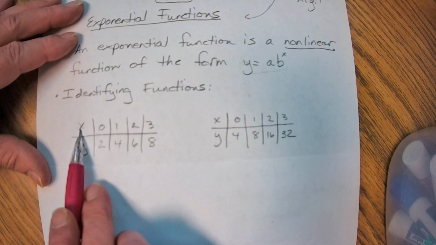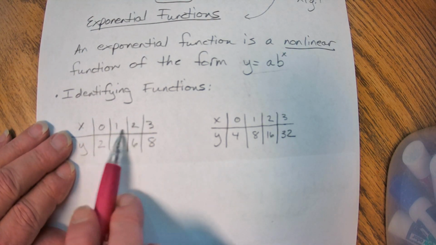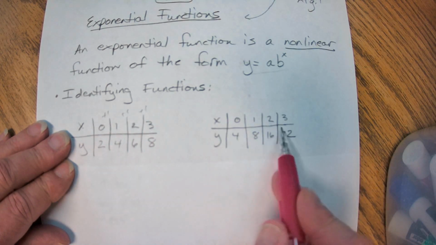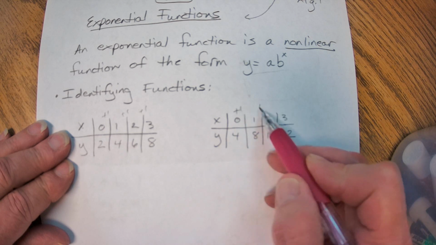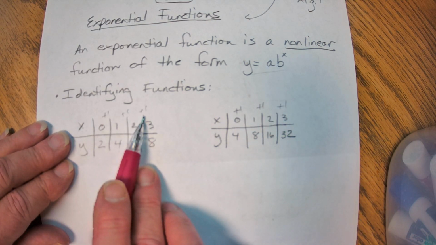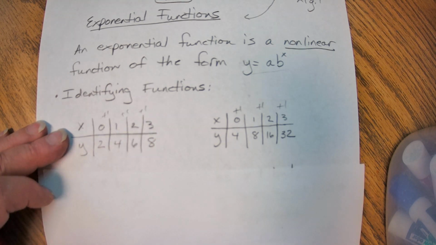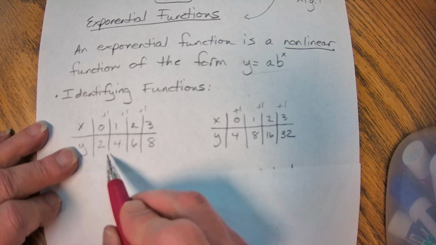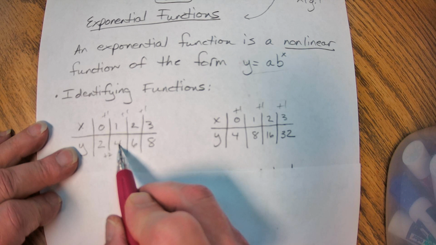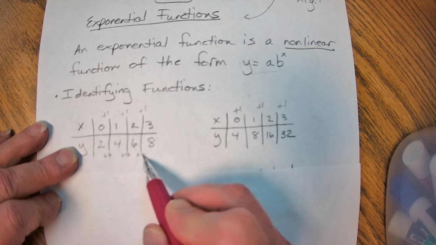Notice that the x in this table is going up by 1. It's going up by the same amount every time: plus 1, plus 1, plus 1. And obviously this table is the same, because they're the same numbers. If x is going up by 1, I want to notice what y is doing. This one's going up by 2. 2 plus 2 is 4. 4 plus 2 is 6. 6 plus 2 is 8.